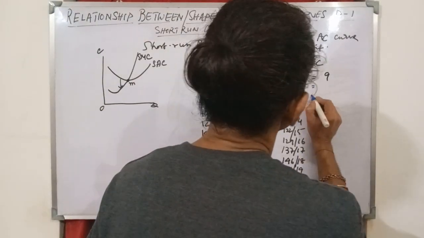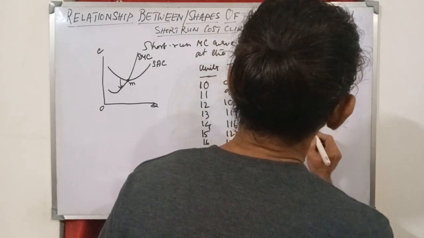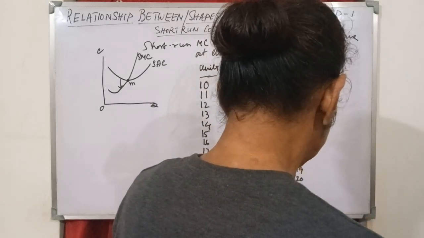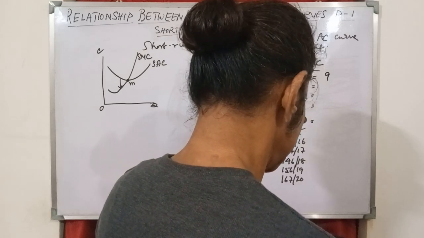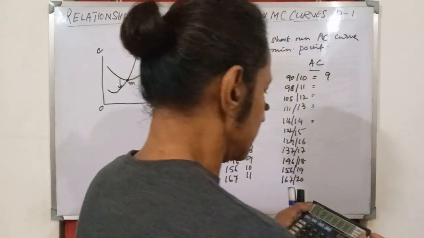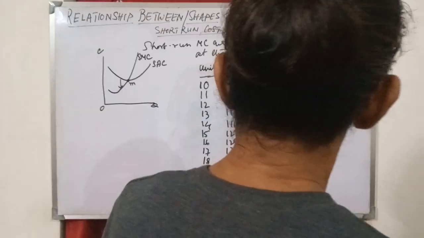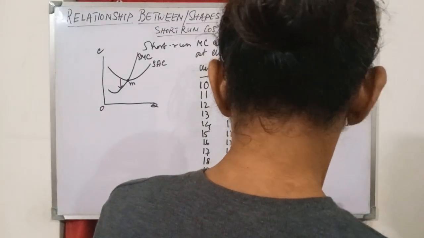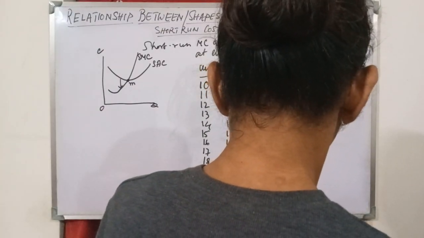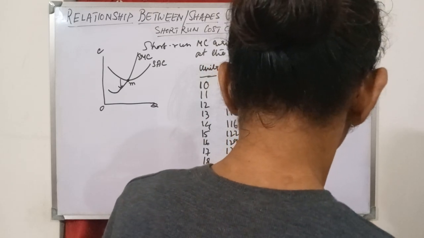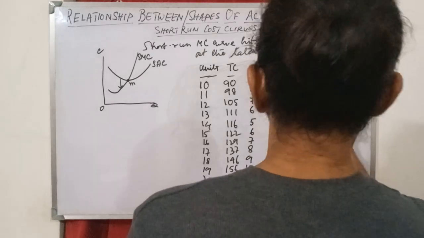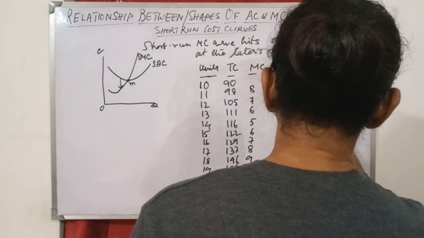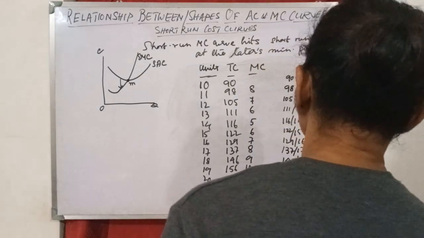So 98 divided by 11. Let's see what we get. 8.909, let us take 8.91.